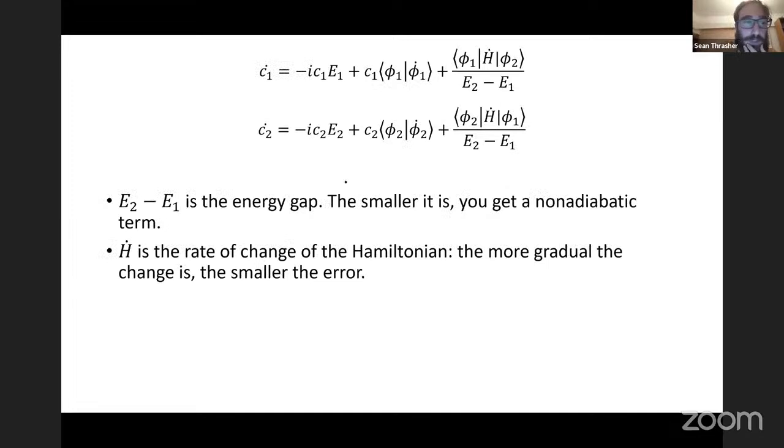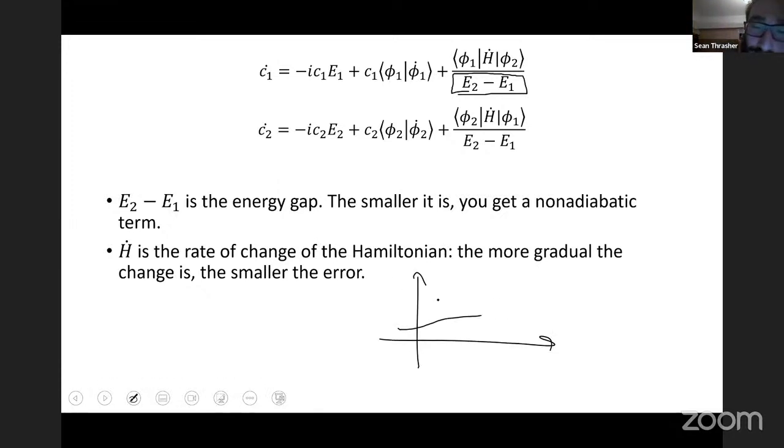So notice that this is telling us that the smaller the energy gap is, so E2 minus E1, the more likely you are to get a transition. And the faster H changes over time, the more error you'll get. So if my energy levels look like this, then here I would have very little chance of transitioning. I'll remain in my ground state, but then when I get to here, I might do a transition because this gets rather small.